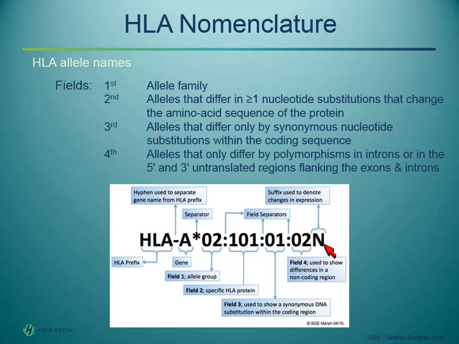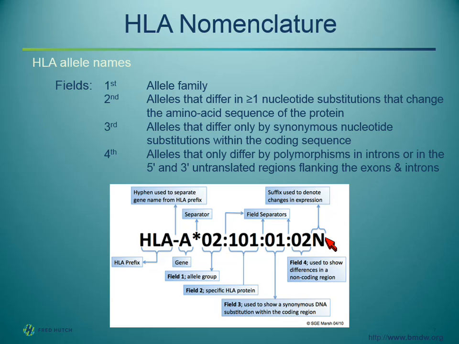You will, however, see mainly one-letter suffixes coming off the end. If you see an N, that's a null allele, which means you can type it, but it doesn't generate a protein on the cell surface. You also see L's, and those are low expressors, so there is some protein on the surface. The nice thing about those kinds of alleles is that they're very tightly tied to haplotypes.